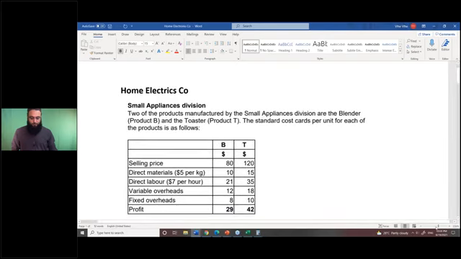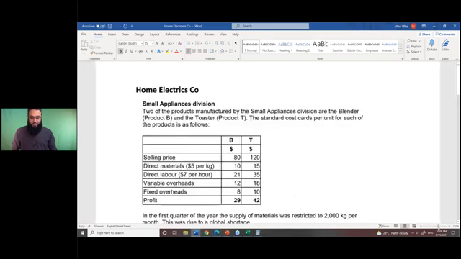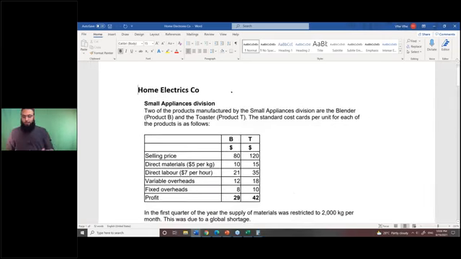Okay. Now it's the latest question of exam, home electronics, small appliances division. It's an MTQ, okay? So let's begin now. Small appliances division.